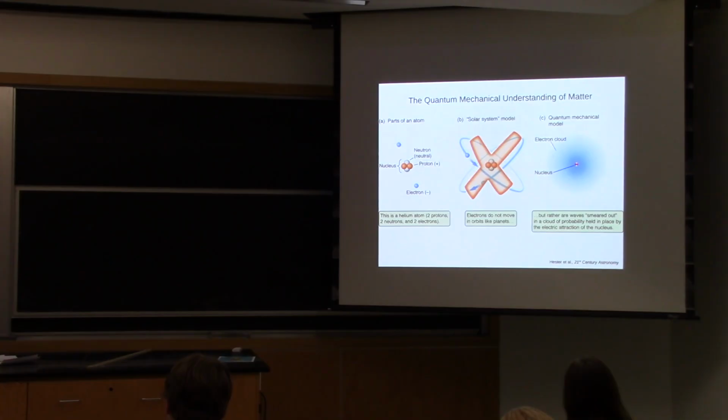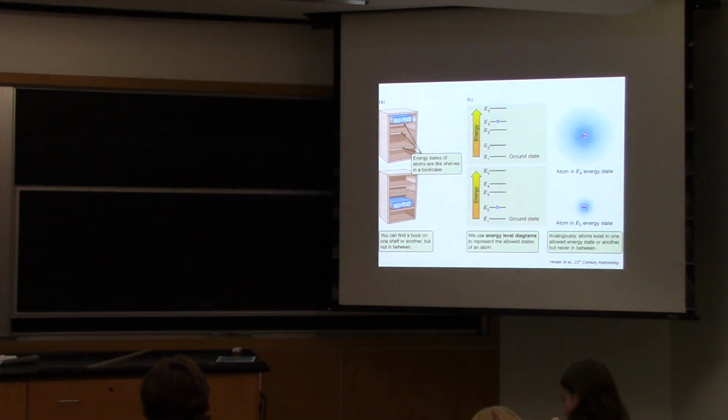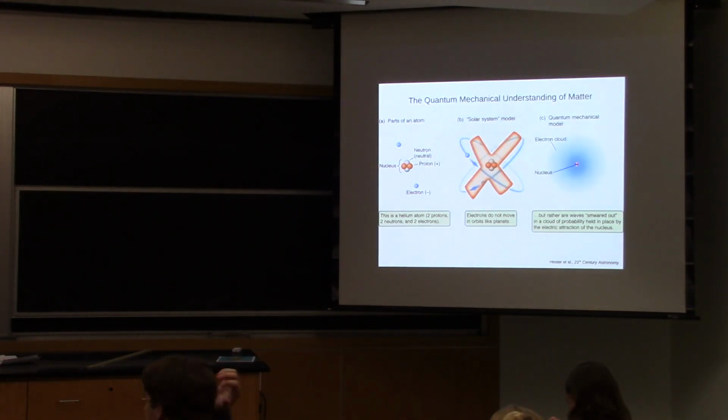And so when you solve the Schrödinger equation, you find that the electrons are described by wave functions that are spread out. They are probability waves, where psi star psi is the probability density, and psi star psi times a little volume element is the probability of finding the electron in some little volume element dV.